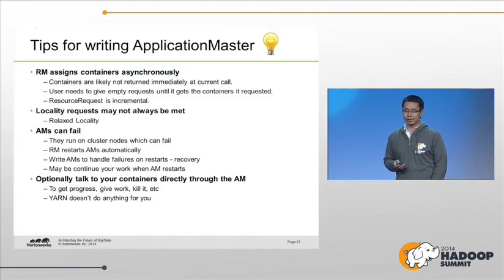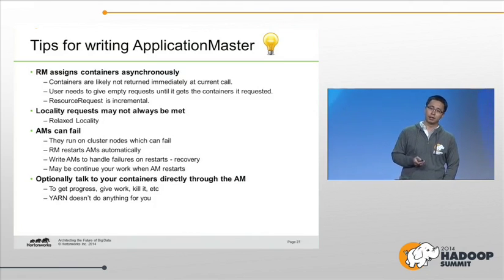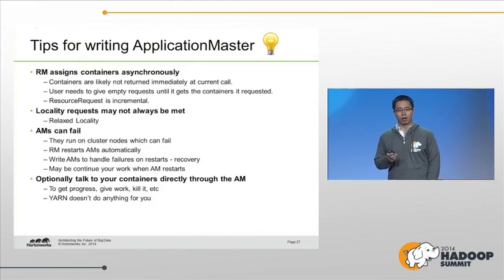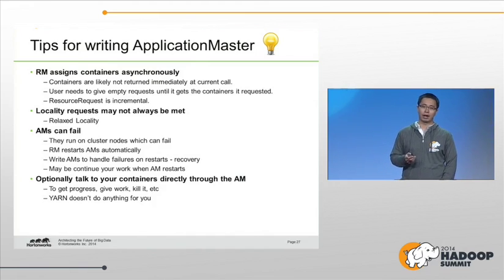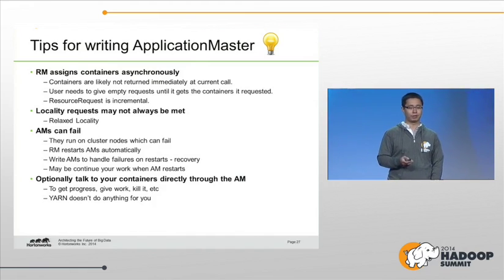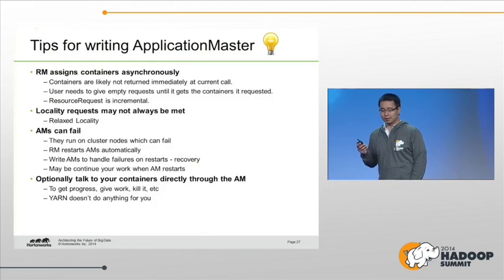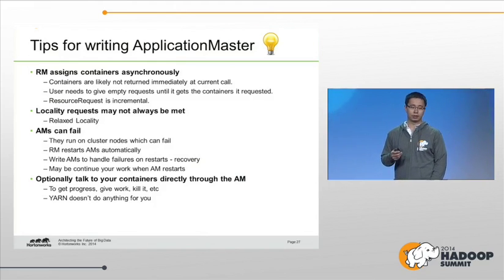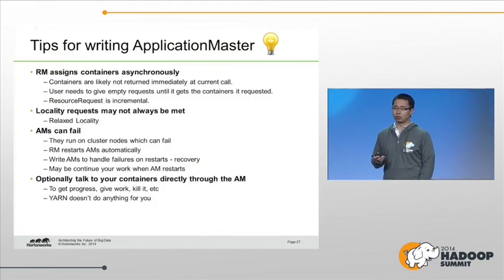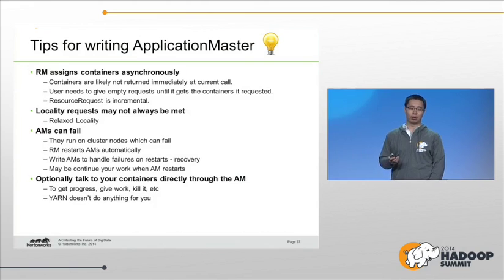What you need to do is to keep doing a heartbeat and send the empty container request, and you are going to get your allocated container in the follow-up heartbeat response. Please make sure you are not going to send the container request duplicately here. Otherwise, you are going to be allocated more containers than you requested.